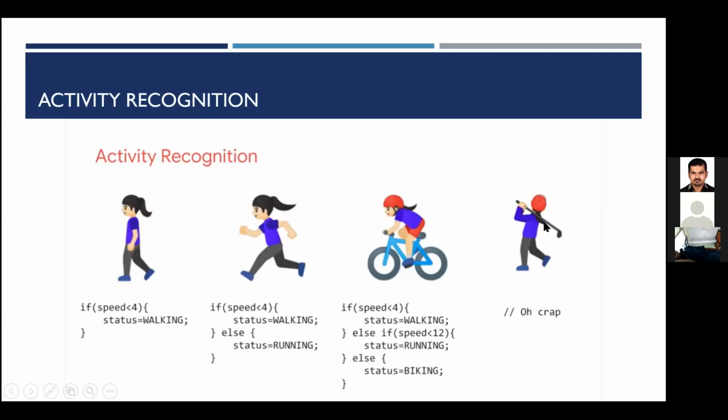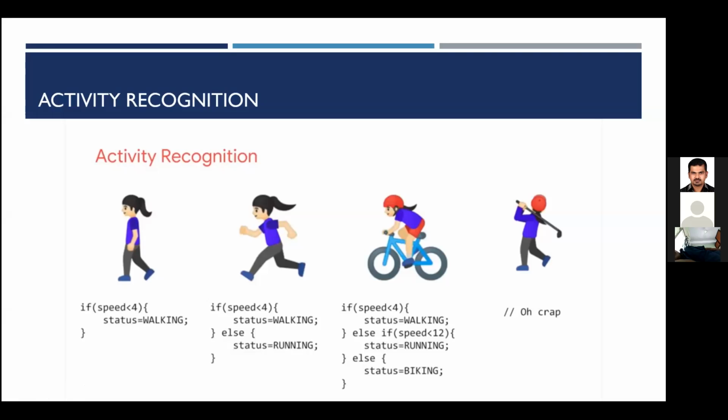The person is golfing actually, but you see these pictures and you have some data. You know that for walking, the speed is less than 4. If you want to write a program, this is how you will do it: if speed is less than 4, status is walking. This is the way you approach it in traditional programming.